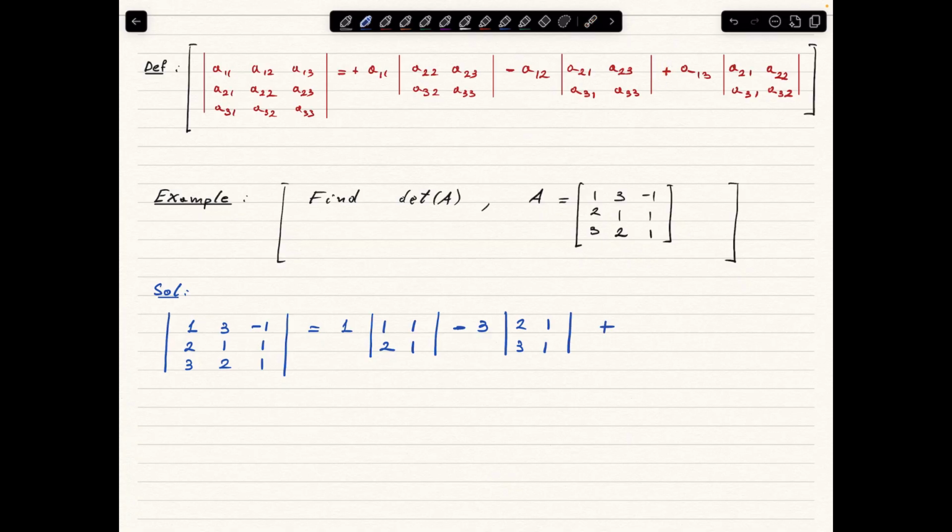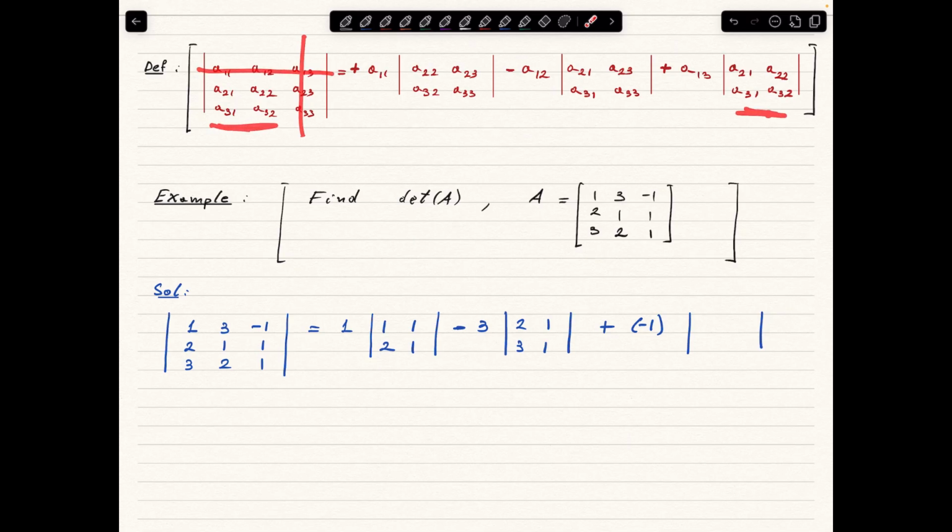So you see the signs are alternating. Let's make it a little bit bigger. It's a plus, it's a minus, and it's a plus. Alternating signs. Then comes the coefficient 1, 3, which is this one here, which has its own sign, negative 1, and then a determinant of a 2 by 2 matrix, which is, if we eliminate this column and that row, what remains is exactly what we have here.